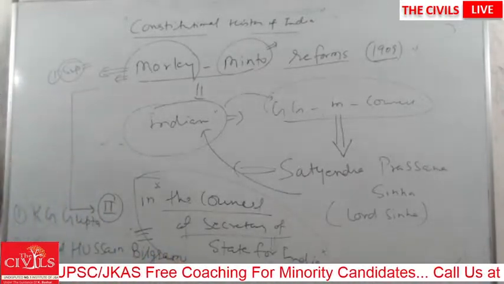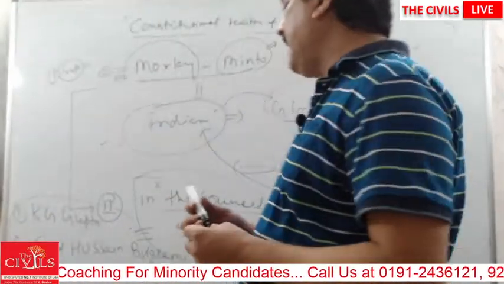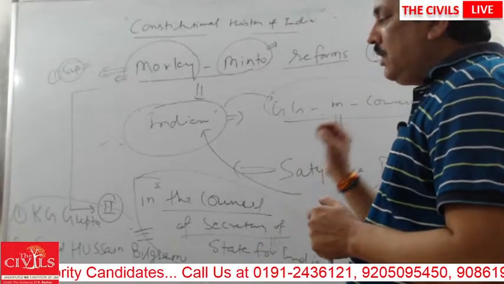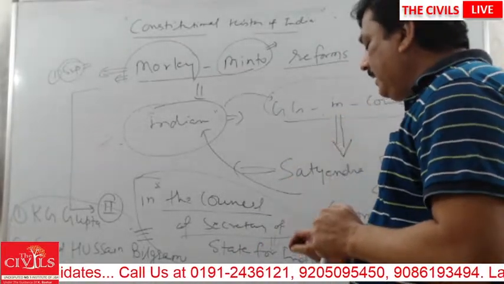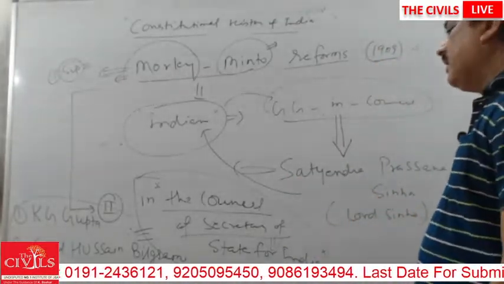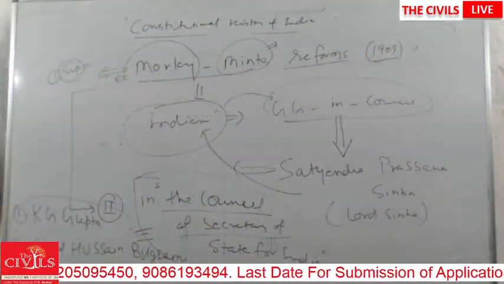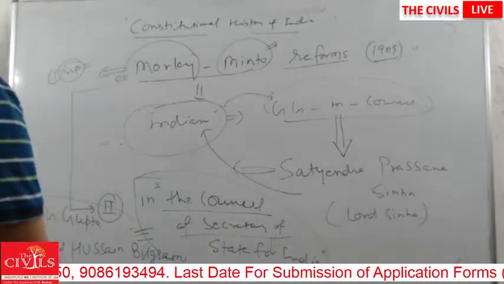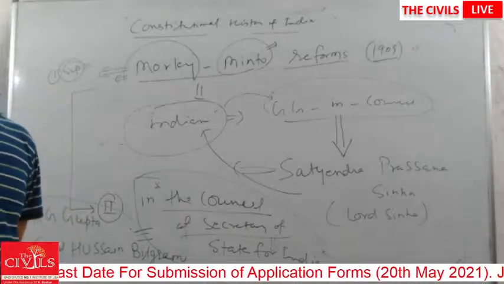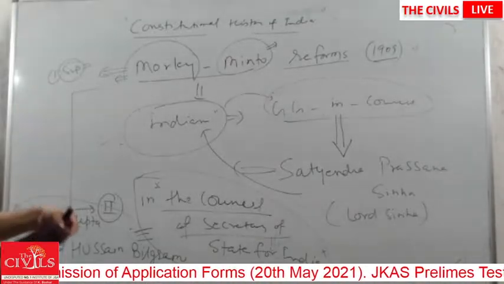So K.G. Gupta and Syed Hussain Bilgrami were the two Indians appointed in the Council of Secretary of State for India. So this was the Morley Minto reform.